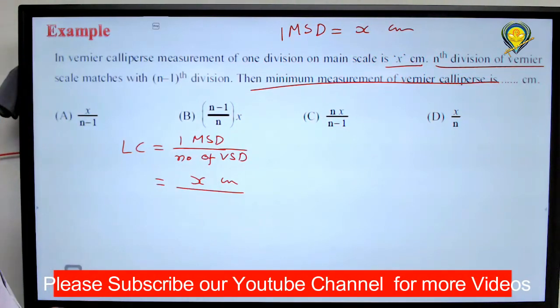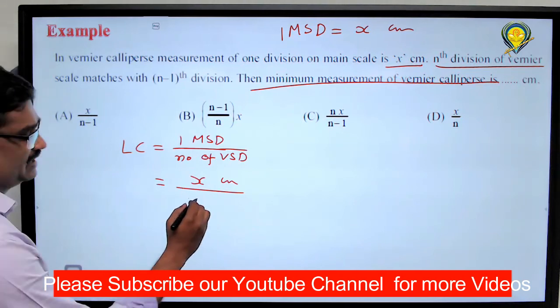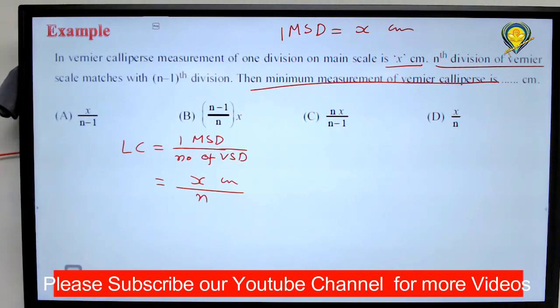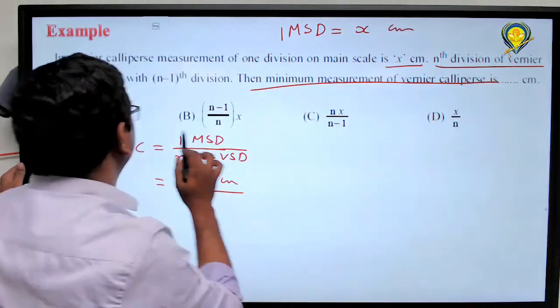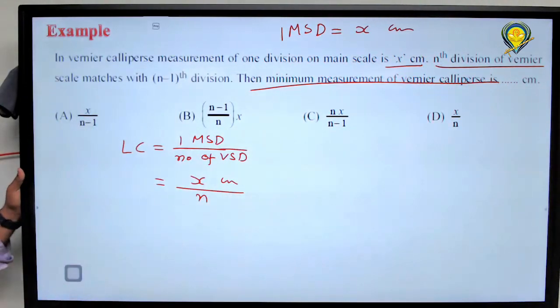By number of vernier divisions, n or n-1? N. Number of vernier divisions is n only. So here nth division of vernier matches with n-1th division, so that n number of vernier scale readings are there. So x by n centimeter. That much only is the answer. So option D.